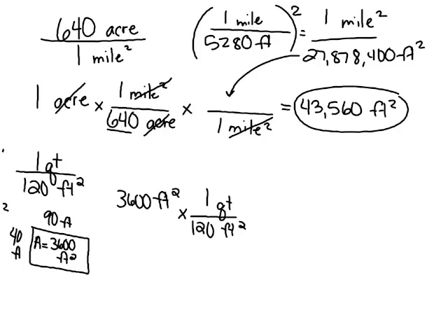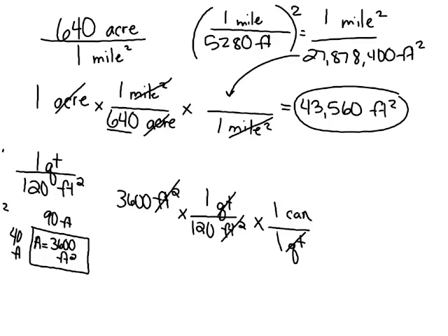Okay, and it says how many cans. So if this were me doing the problem, I would say 1 quart of paint is equal to 1 can. Does that make sense?